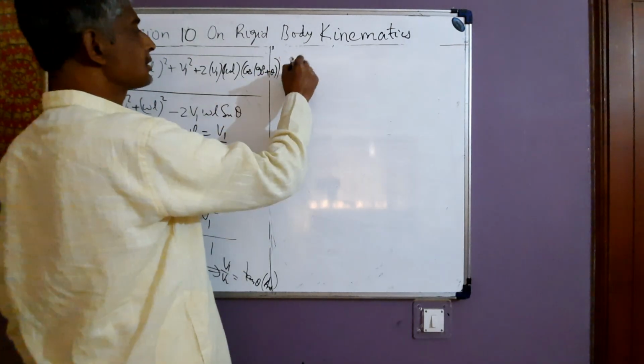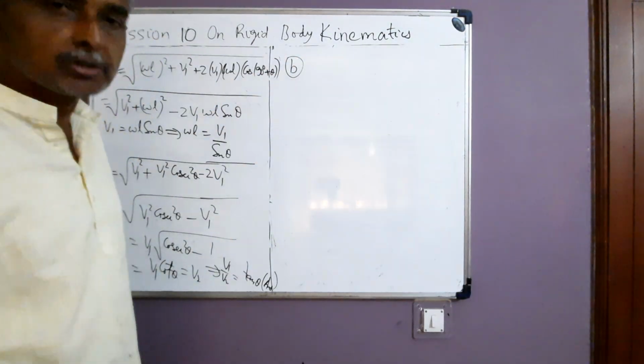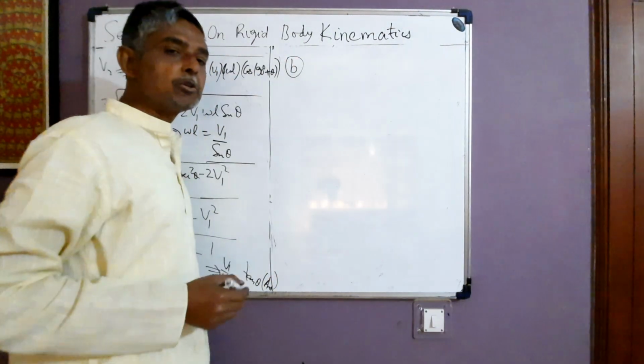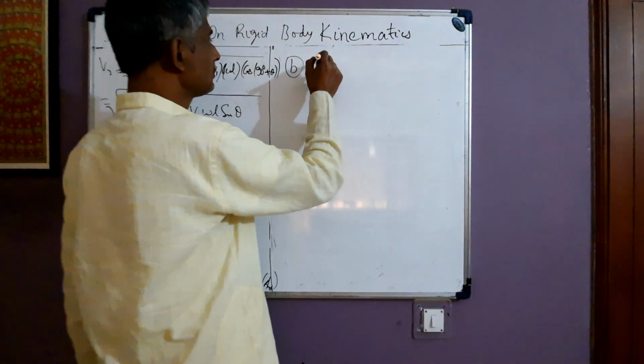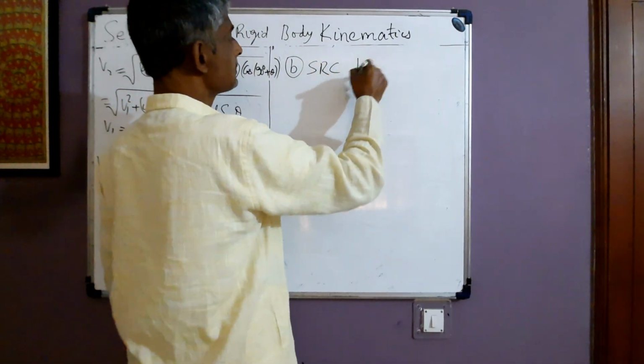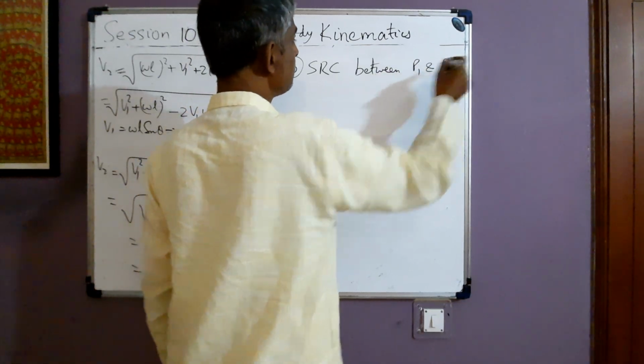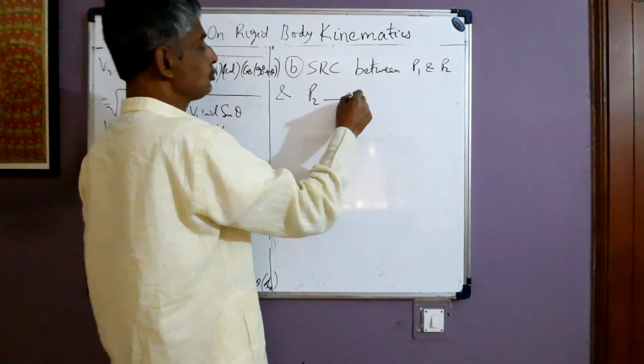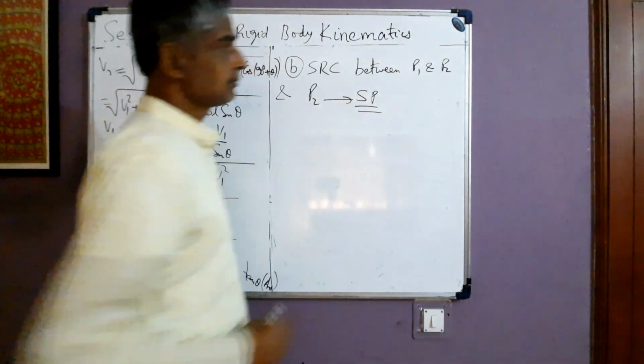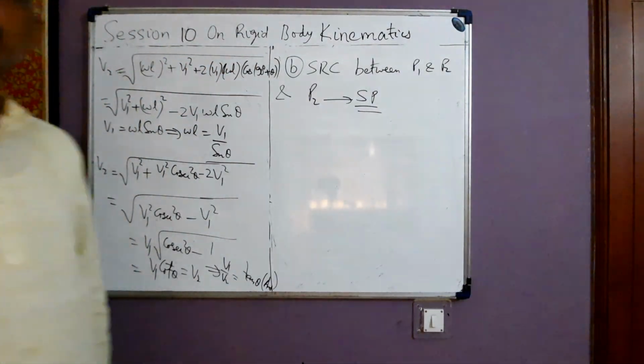Now what we do, we solve sub case B of method 2: SRC between P1 and P2 and taking P2 to be the selected point. And then we have to find the relation between V1 and V2.